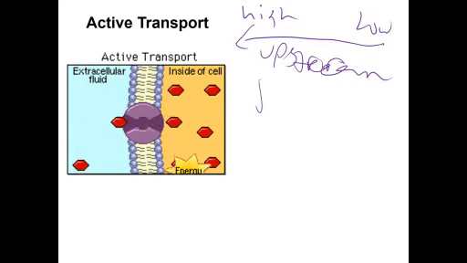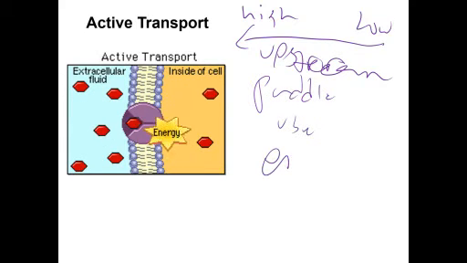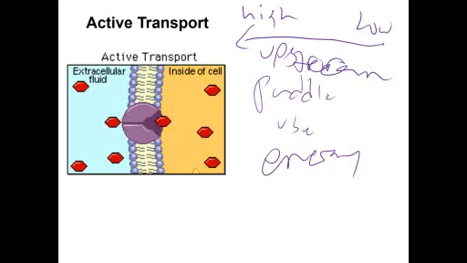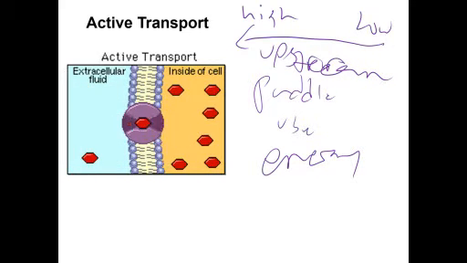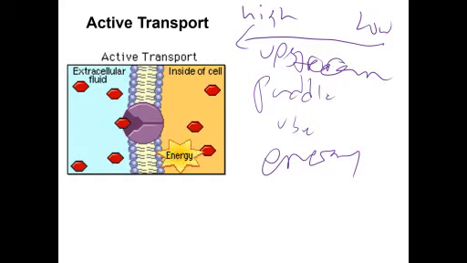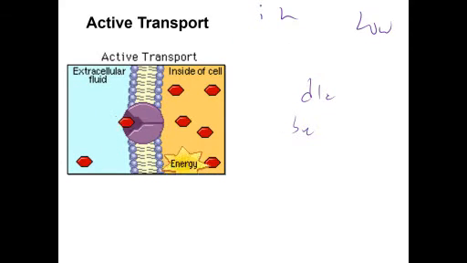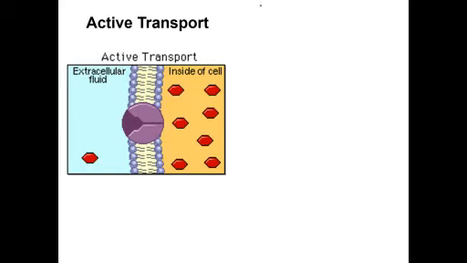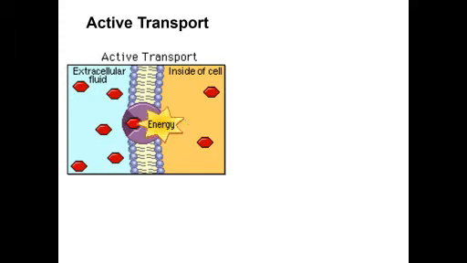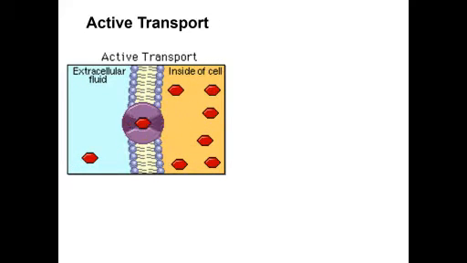You're going to have to paddle and use energy to move upstream. So you're going against the natural flow of the water. So you're going against the concentration gradient. And you're having to use energy. Well, in active transport, the cell has to use ATP, or energy, to move solute particles against their concentration gradient.